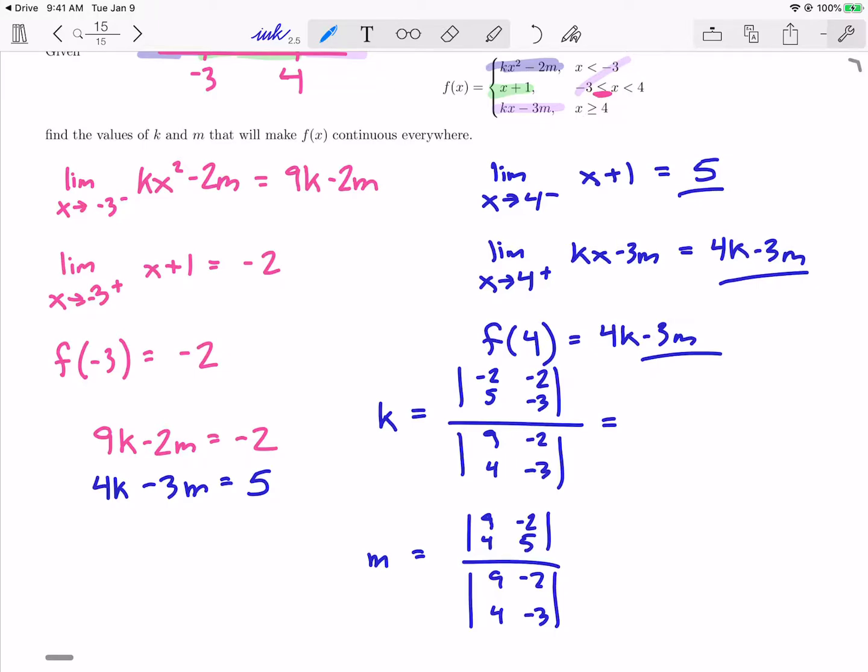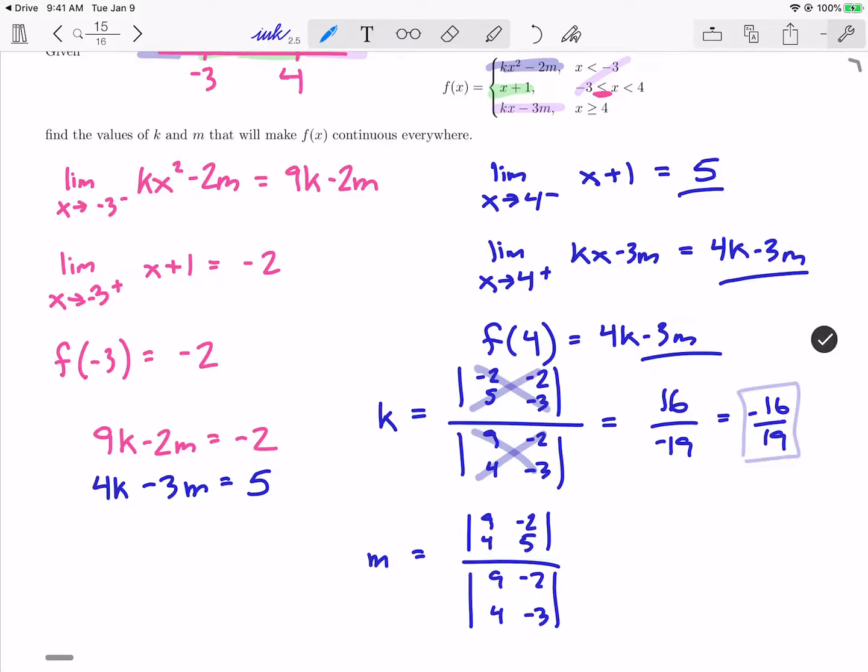So then I've got, in case you haven't seen this, negative 2 times negative 3 is 6, minus 5 times negative 2 is negative 10, so I've got 6 minus a negative 10 is 16. Determinant on the bottom, 9 times negative 3 is negative 27, minus a negative 8, so that'll give me negative 19, and that 19 is prime, so I end up with negative 16/19 for k.